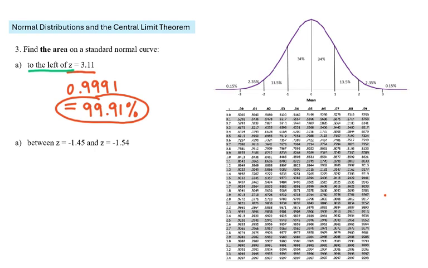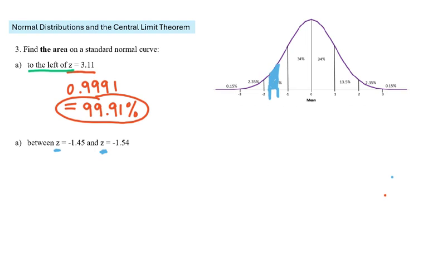Between z equals minus 1.45, so that's about right there, and z equals minus 1.54, so a very skinny range. We want to know what percentage of the data would fall in between those two numbers. Whenever they're asking for in between, you need to find the corresponding z percentage to the left and subtract the big minus the small.